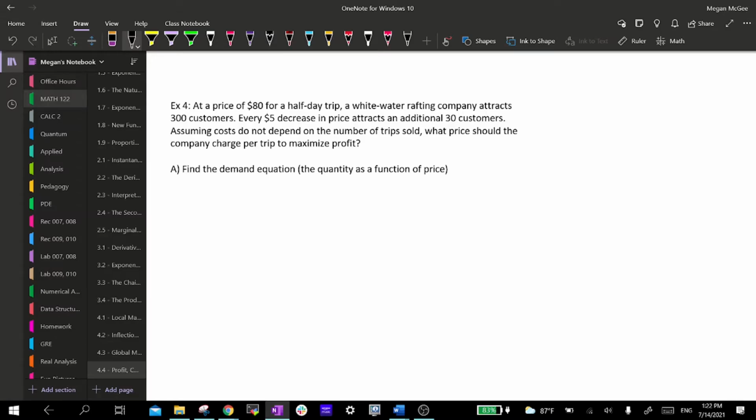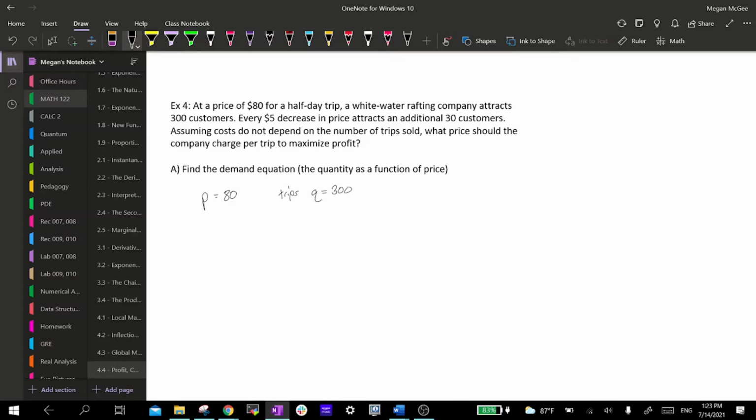Alright, so part A asks us to first find the demand equation, which is the quantity as a function of the price. Our price is $80 currently, and the number of trips, given as Q, is 300 when the price is $80.